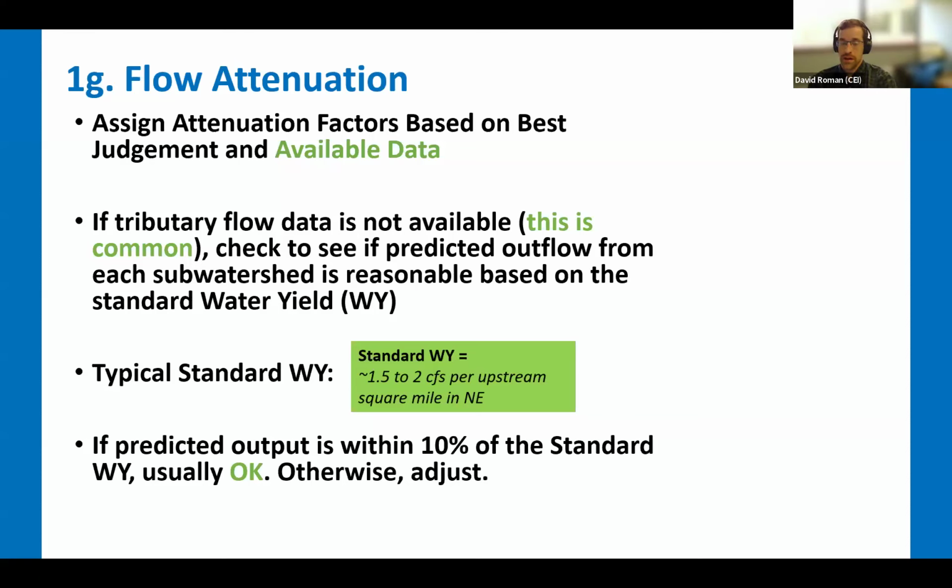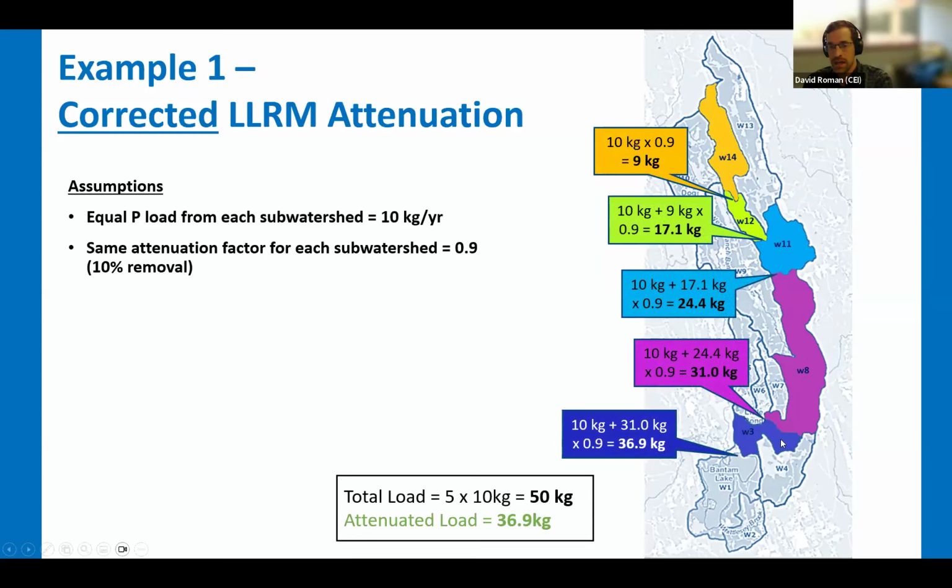In this case, you've got 5 watersheds, they would generate 50 kilograms of total load, but by the time that gets to the lake, it's 36.9. Other models would actually simulate this, for example SWIM, but LLRM is just a simple attenuation factor that you can apply to each one of these subwatersheds.